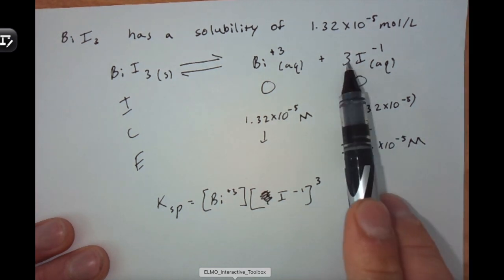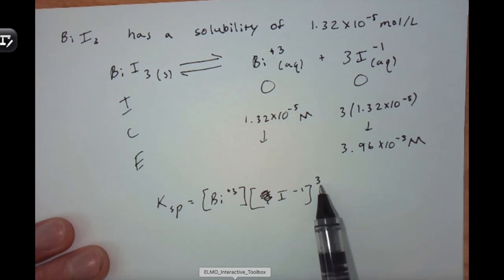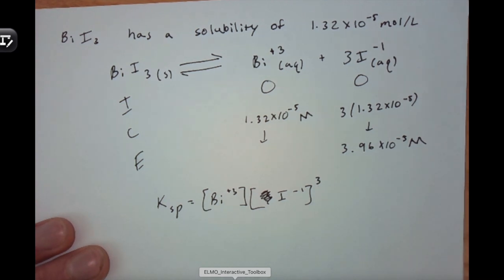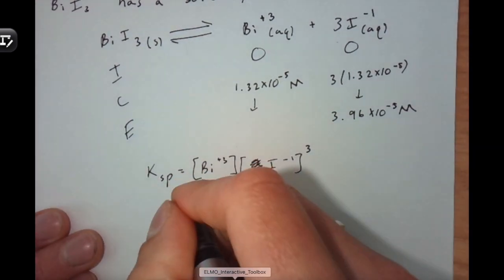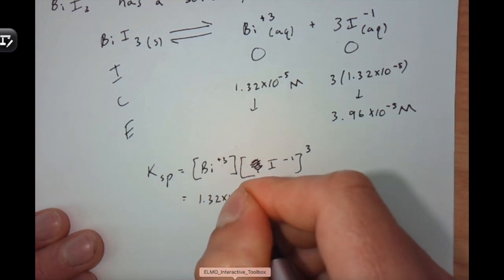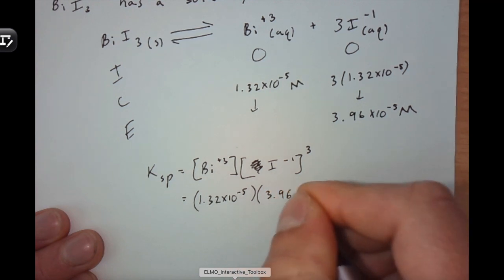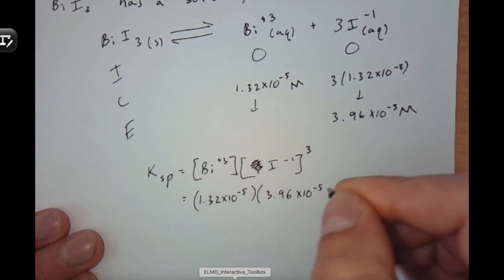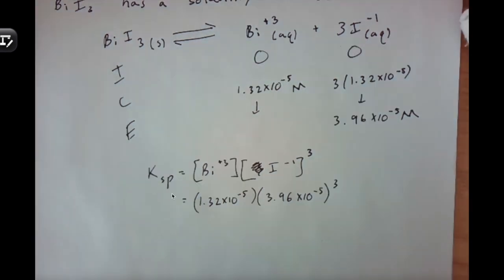Remember, the coefficient only matters for your change and for your exponent in the K equation or Q equation. So from here, I can now substitute my values. I can substitute in 1.32 times 10 to the negative fifth times 3.96 times 10 to the negative fifth to the third power. And when I plug this in, I'll get my final answer.